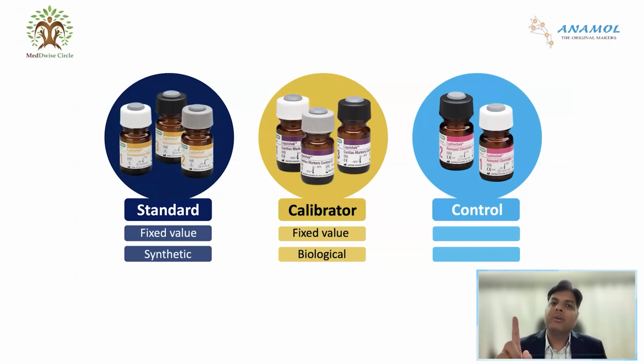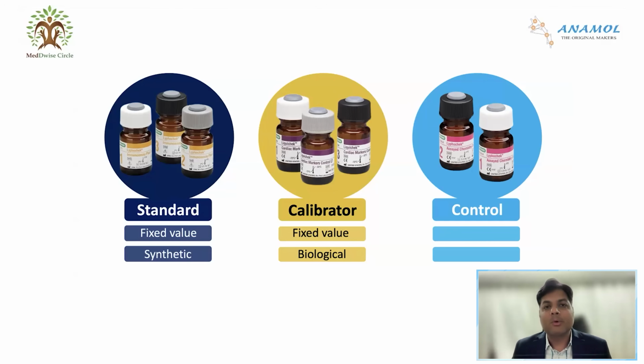Say, for example, the value of glucose is 115 mg per deciliter. Then that fixed value of glucose in the human serum sample is behaving like a calibrator. So calibrator is nothing but the value of analyte is fixed, but the material is not synthetic. It is a biological material.